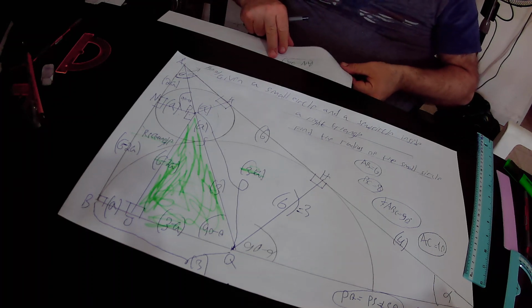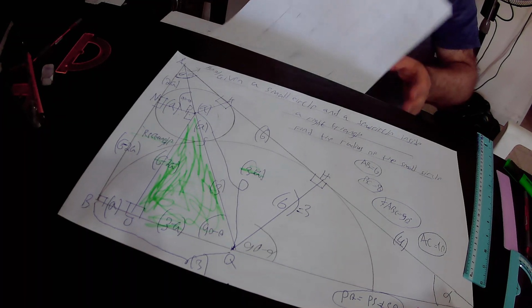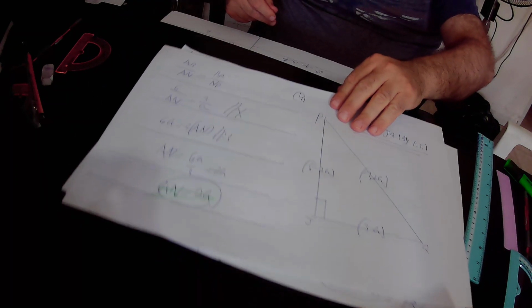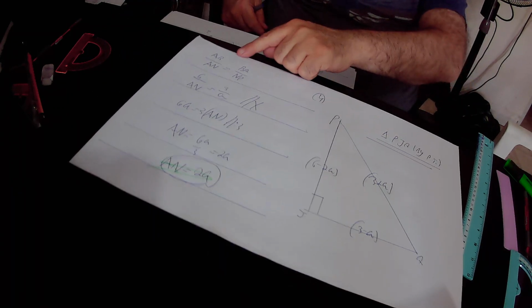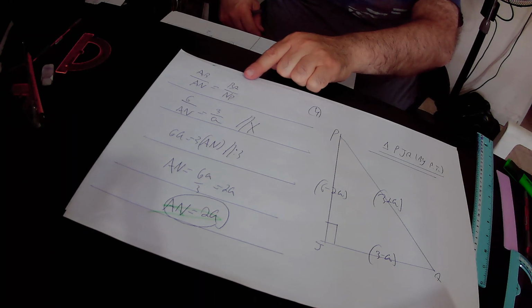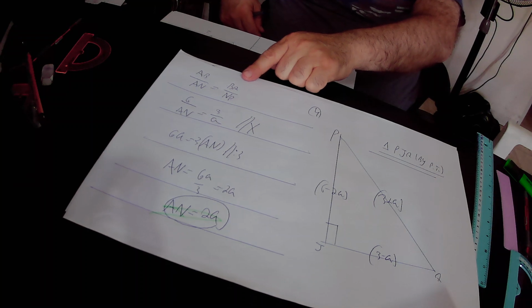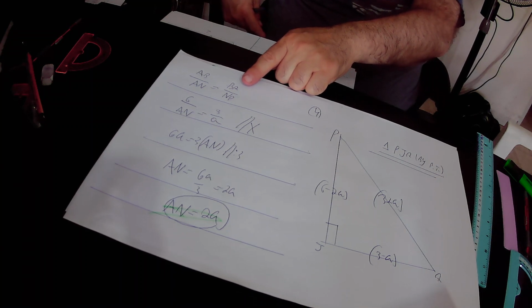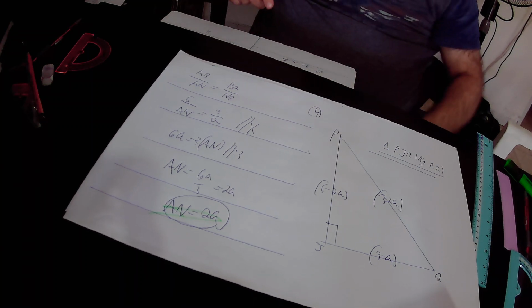I'll repeat again. We derive that side AB in the big right triangle ABQ over side AN in the small right triangle ANP equals side BQ in the big right triangle ABQ over side NP in the small right triangle ANP.